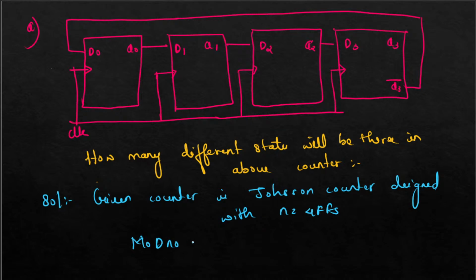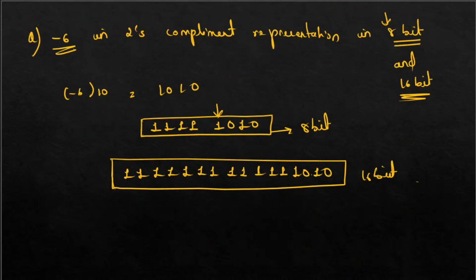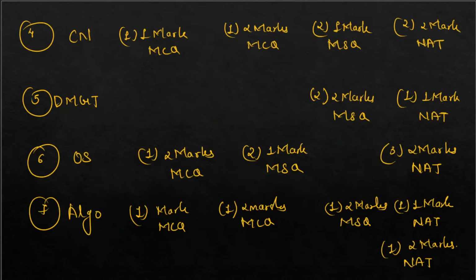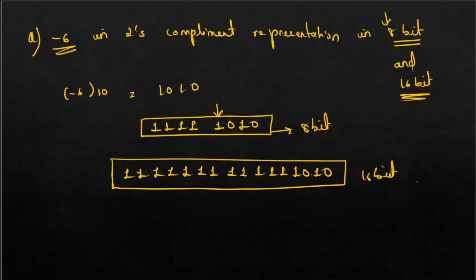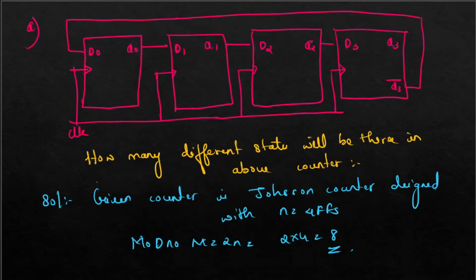Mod number is m equals to 2n, and here n is number of flip flops, so which is 2 into 4 is 8. So directly what is the answer? 8 is the answer. Okay, directly 8 is the answer in this. So this was one of the question.